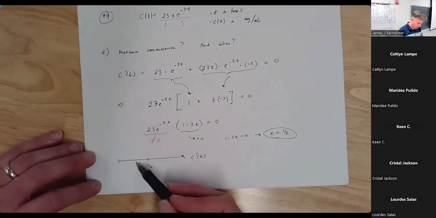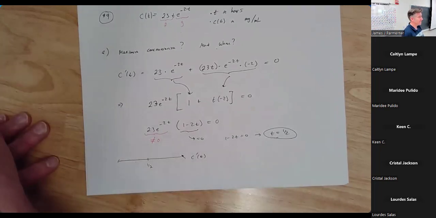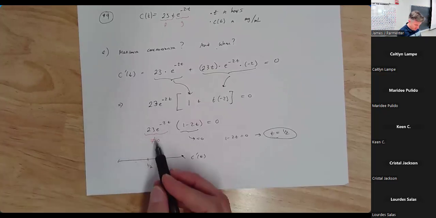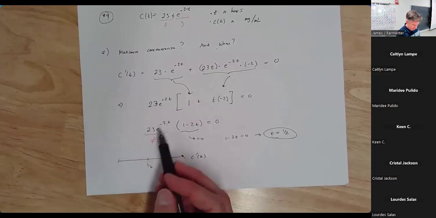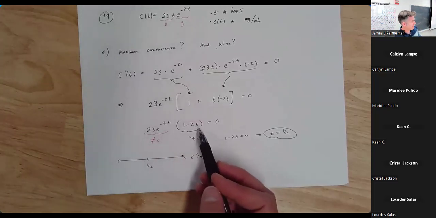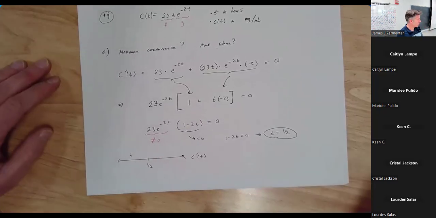So if I pick 0, this is where it's really useful to know the thing we just said. E to the anything is positive. So if I plug in 0, e to the anything is positive, so that's positive. I plug in 0 here, 1 minus 0 is 1, and that's positive, and a positive times a positive is going to be positive over here.